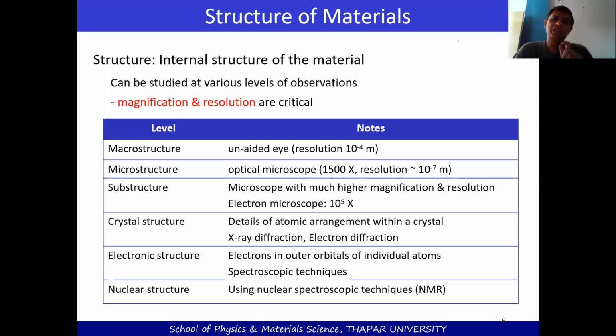So if your object has a dimension which is equal to lambda, it starts giving you diffraction and you can no longer image it. So if you are using optical radiation, visible wavelength, then the smallest possible dimension which you can observe will be equal to lambda, and that too theoretically.